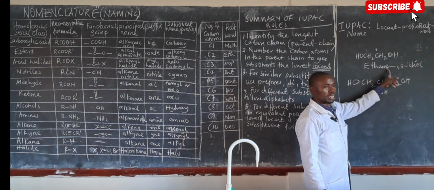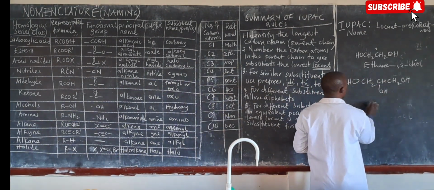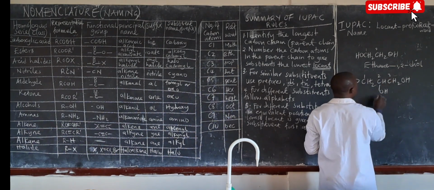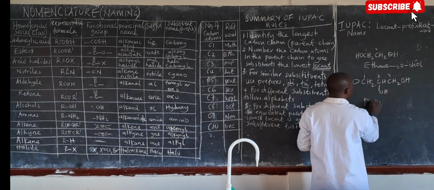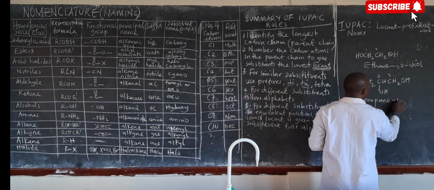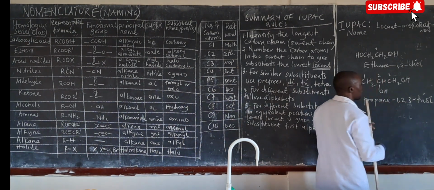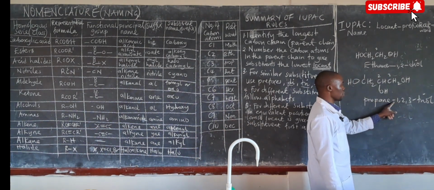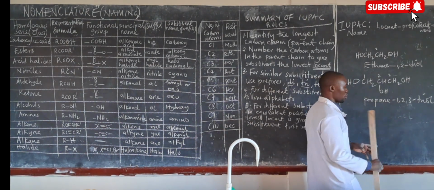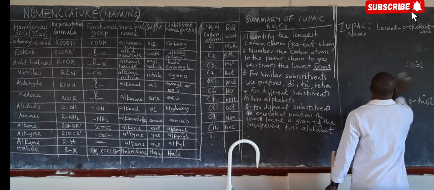Otherwise, we would drop the e like we do in propan-1-ol. So for this case, 1, 2, 3, the OH groups are located everywhere. So that one will be propane-1,2,3-triol, because this is a consonant. So we really have to introduce this here according to the IUPAC. So that's how we name the alcohols.